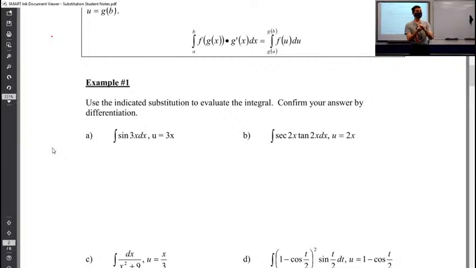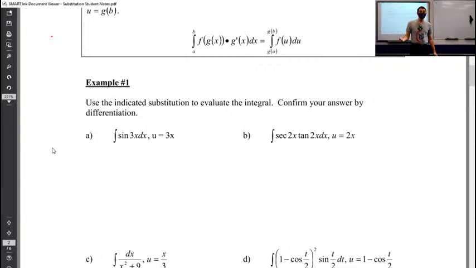The first thing is going to be, we're going to look for a function that's inside of another function. And that innermost function is going to usually be our U. We're going to make U that innermost function, and we're going to substitute it in so that we don't have to deal with looking at a function inside of another function.